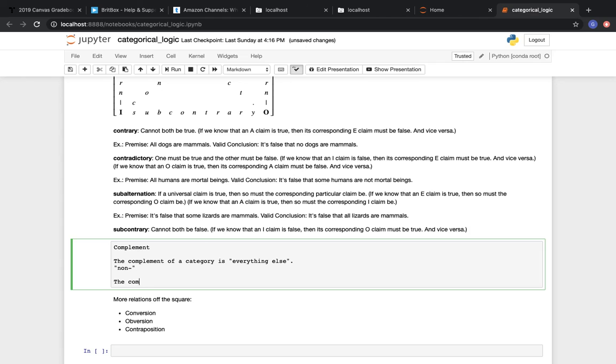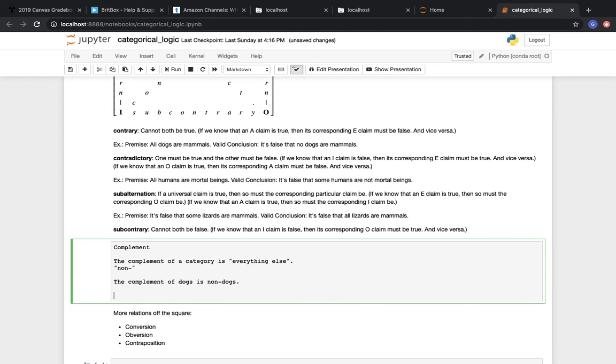Right, so the complement of, let's say, dogs is non-dogs. Okay. Now, if you're in some particular zoological context, then maybe the complement of dogs would be animals that aren't dogs or something like that. But again, if you're not sure and you want to just be very general, you can always safely use non-dogs, right? Because that will capture everything that's not a dog.